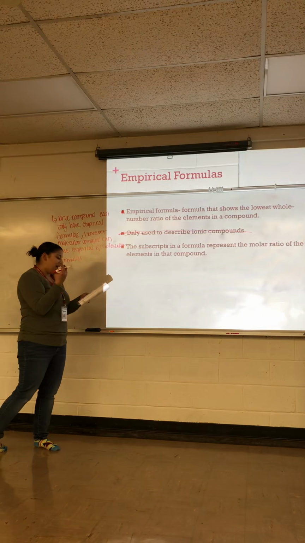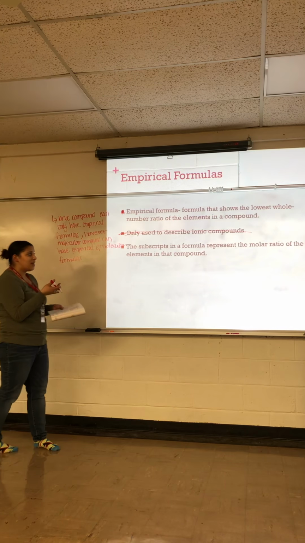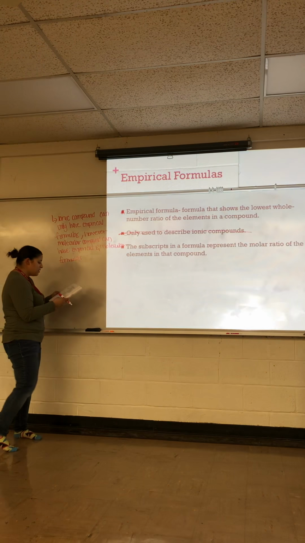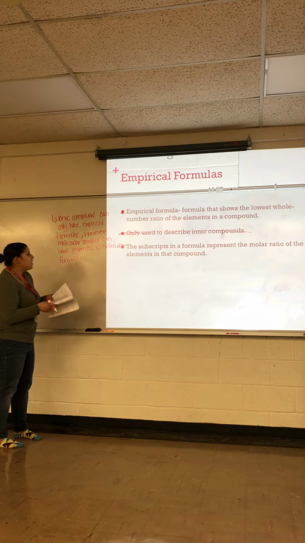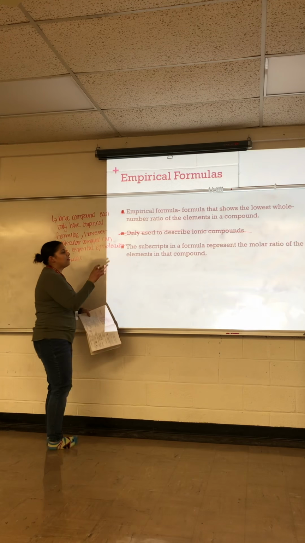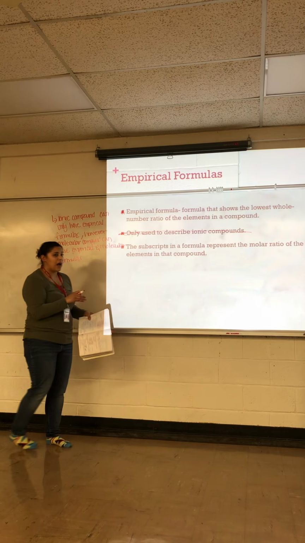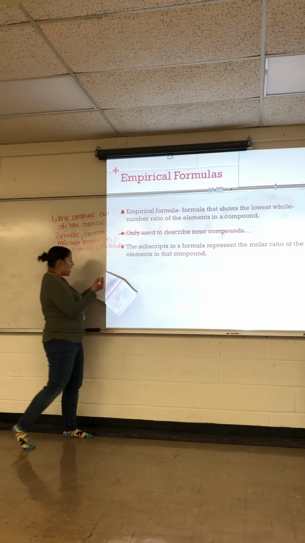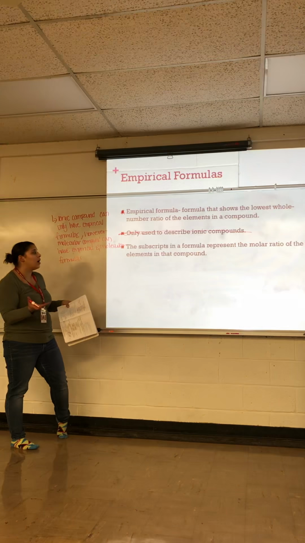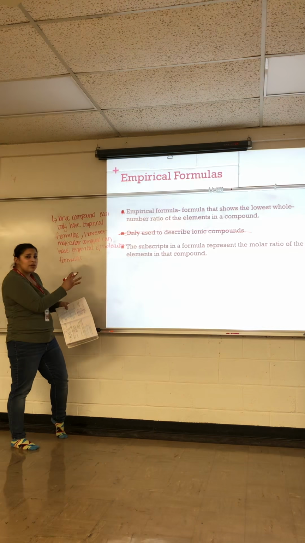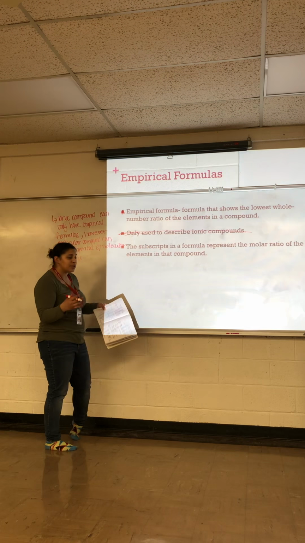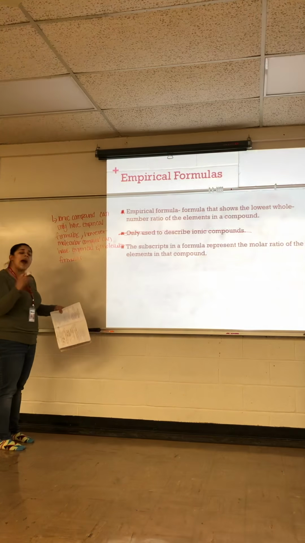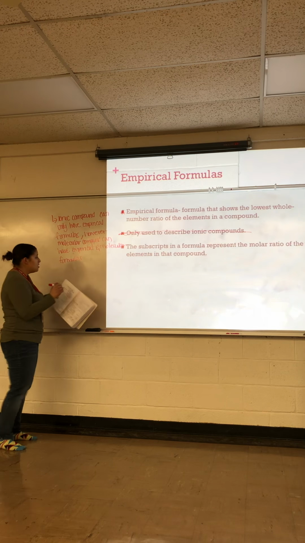Like I said, I have a lot of notes to add, and this slide is one of them. You're going to be using plenty of notes. So a good example: the subscripts in a formula represent the molar ratio of the elements in that compound. So when I say I have C2H4, it shows me that for every 2 carbon I have 4 hydrogen. But we can break that down even further.